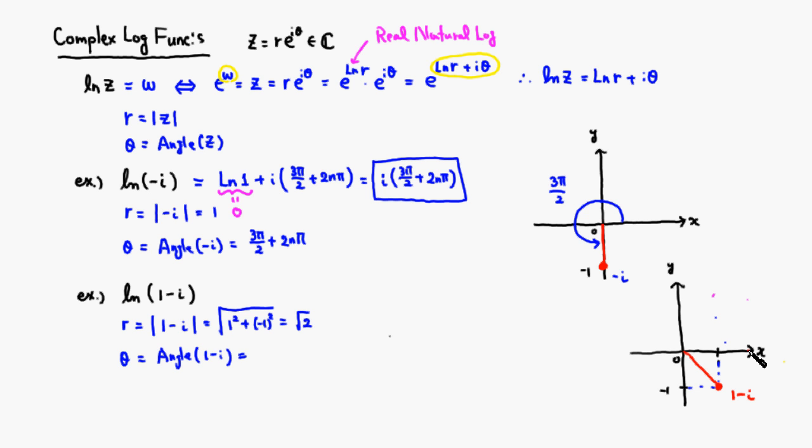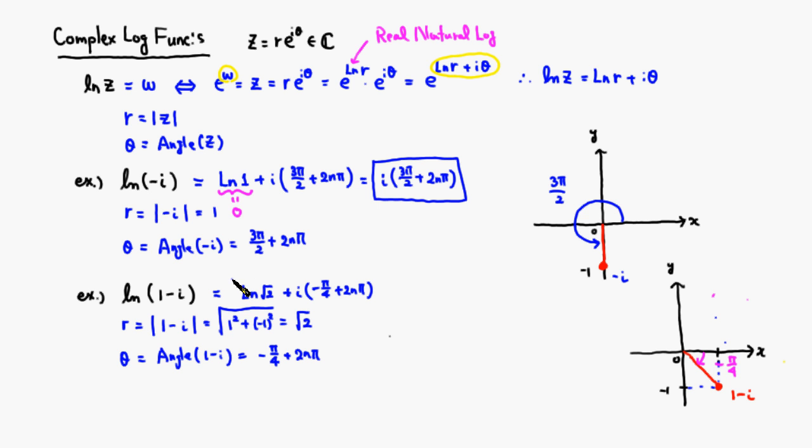Angle-wise, we can go backward on this one. The angle here is negative pi over 4, plus any multiple of 2 pi. So this is equal to the natural log of the square root of 2 plus i times negative pi over 4 plus 2n pi.